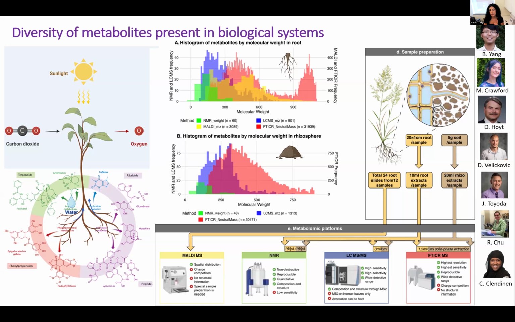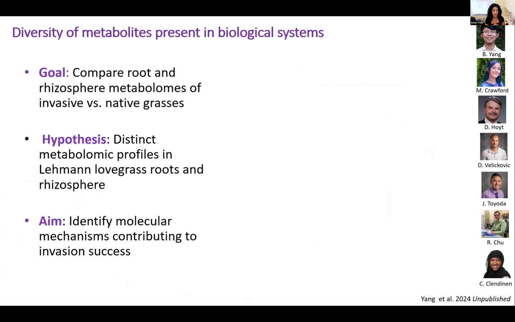So now, leveraging all these platforms, we aim to understand how root and rhizosphere metabolic profiles of the native and the invasive species differ from each other. We predicted that the metabolic profile of the invasive species would be significantly different from that of the native species.